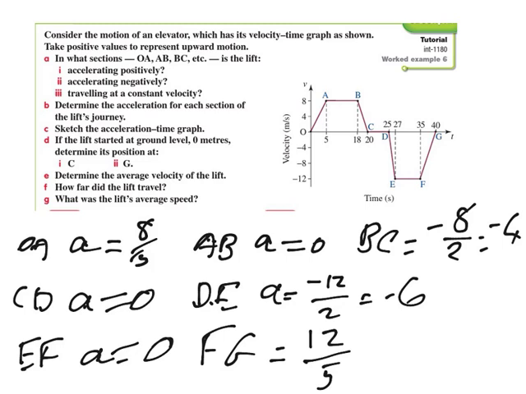Alright, start at ground level, 0 metres, determine its position at C and G. Alright, so what are we looking at? We're looking at the 2 areas. Those two areas, there's a few different ways. They're trapeziums. You can use the trapezium formula if you like.